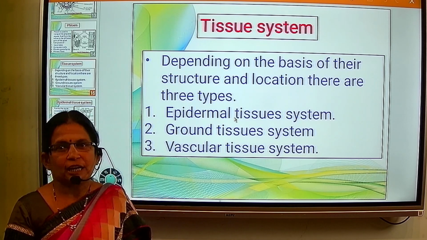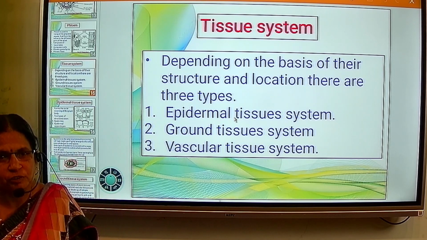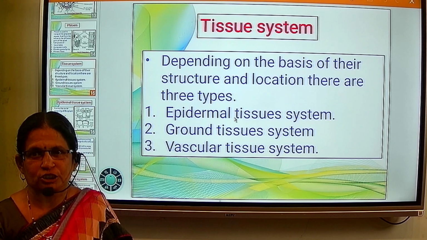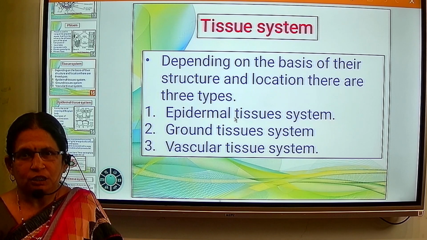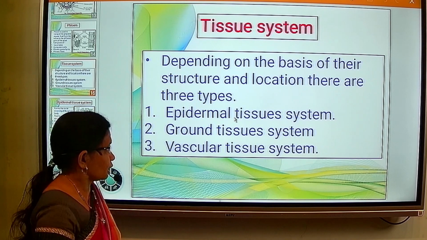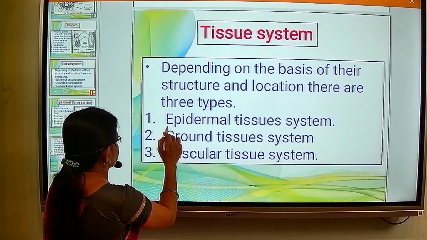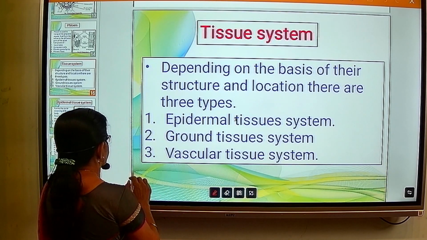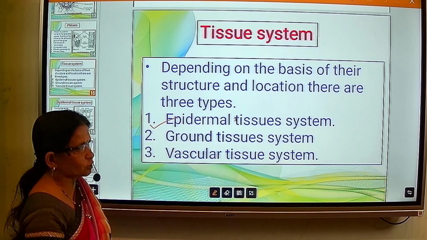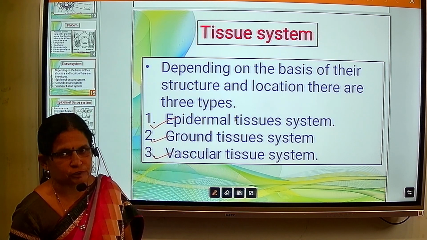Now, as you know, the tissues form different systems, but on the basis of their location and structure, the tissue system is of three types: the epidermal tissue system, the ground tissue system and the vascular tissue system.